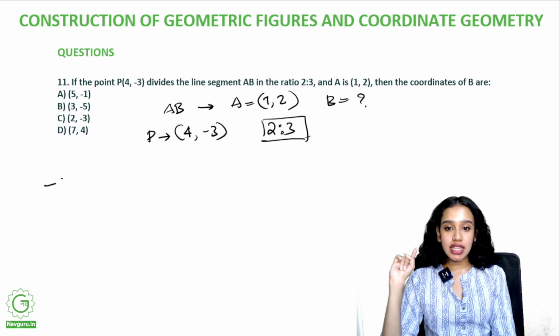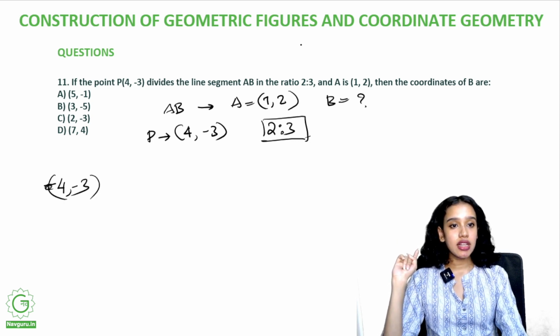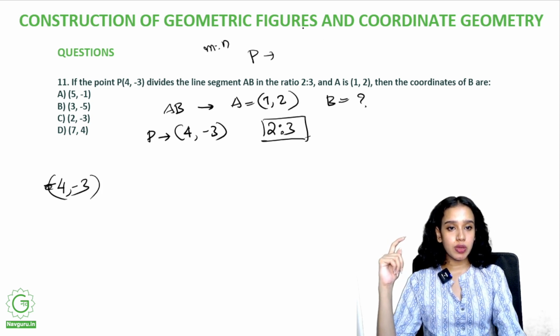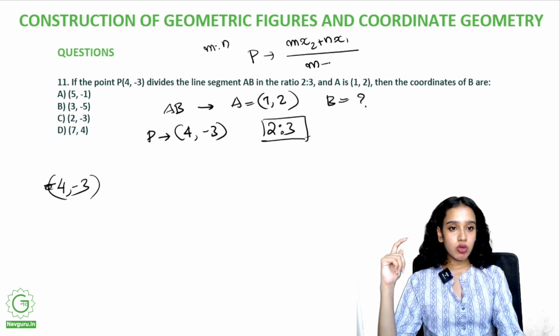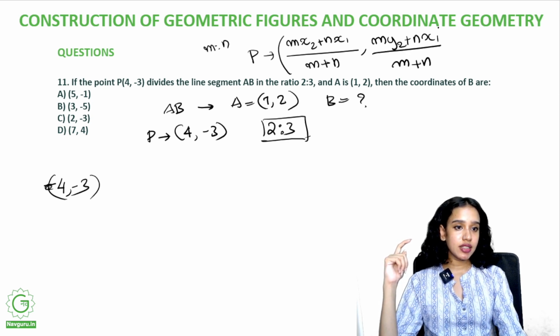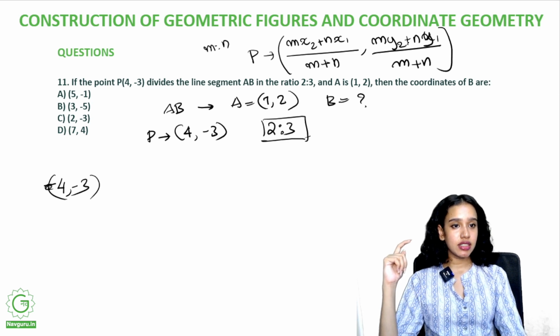So we could say that for 4 and minus 3, we have a section formula where if a point P divides the line into m is to n, the coordinates of P would be mx2 plus nx1 by m plus n as the x coordinate, and the y coordinate would be my2 plus ny1 divided by m plus n, right?